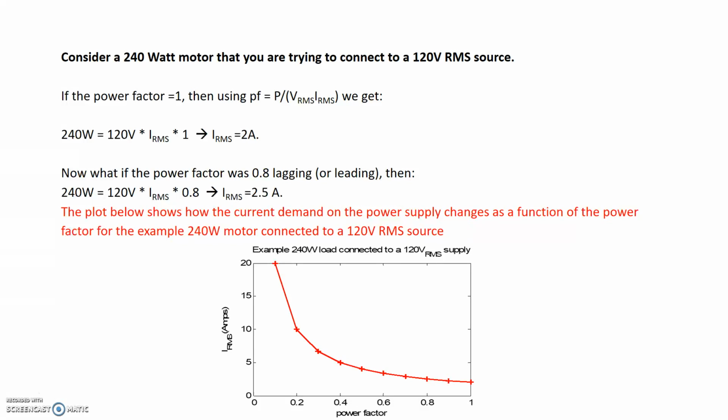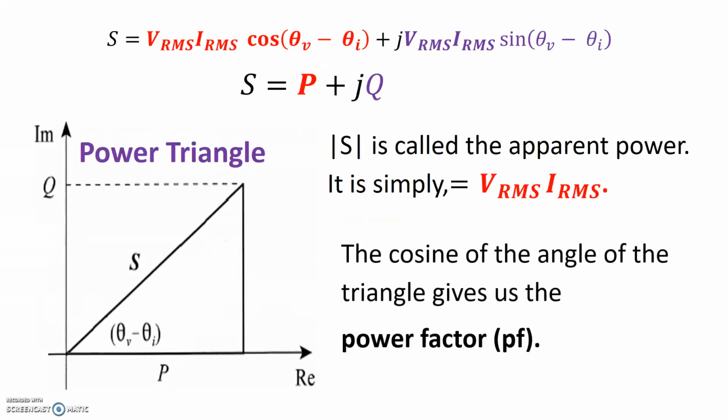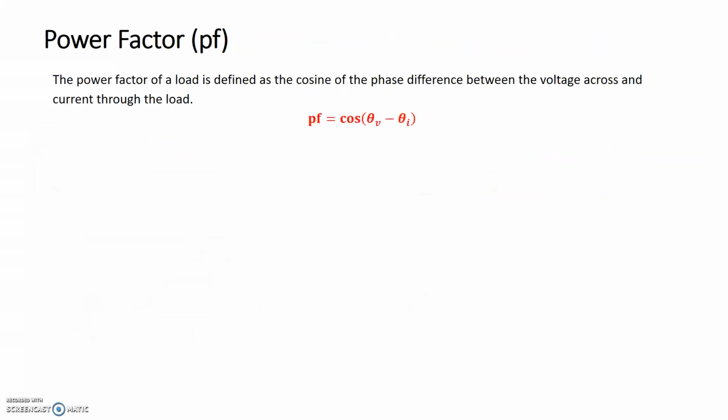We have reactive power called Q, whose unit is volt-amp reactive, which tells us the power exchanged with the reactive elements in the circuit. The real component and the reactive component of the power combine to form complex power S. We can draw that relationship in a triangle form called the power triangle. And from the power triangle, we get the power factor, which is the cosine of theta v minus theta I, and the power factor is an important concept.